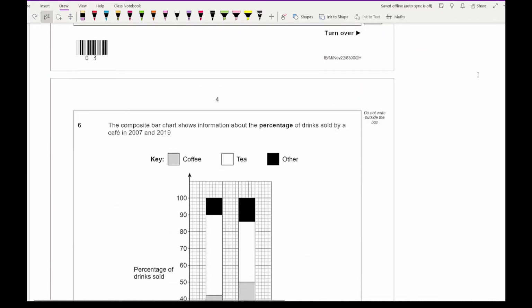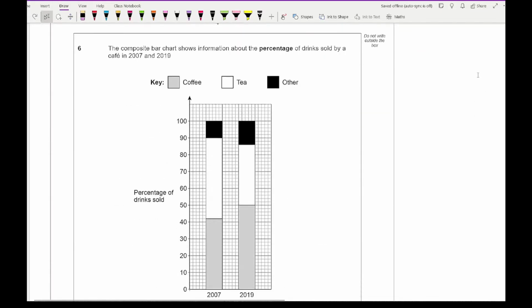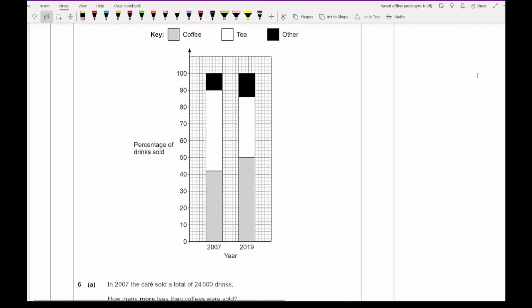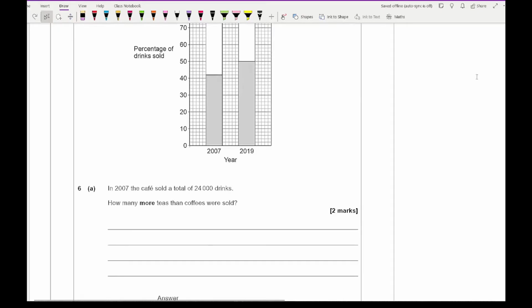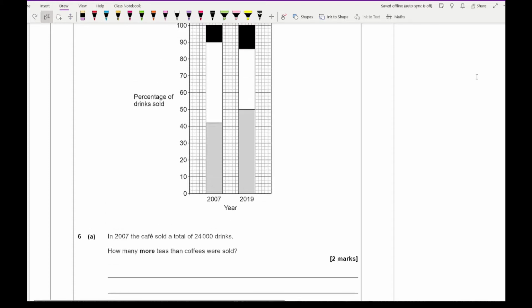Moving on to question 6, it says the composite bar chart shows information about the percentage of drinks sold by a cafe in 2007 and 2019, and for part A it says in 2007 the cafe sold a total of 24,000 drinks. How many more teas than coffees were sold?